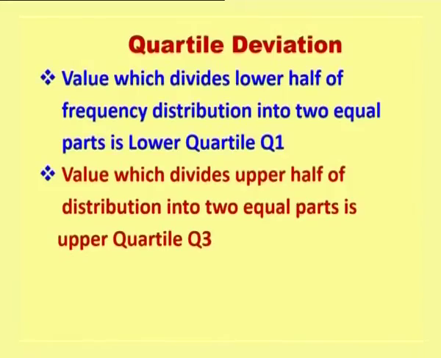If the frequency distribution is symmetric, naturally, if we divide between the first quartile and the third quartile into 2, exactly the median will be sitting at the midpoint. And now that we are clear about the first quartile and the third quartile, Q1 and Q3, the difference between Q3 and Q1 is called the interquartile range.